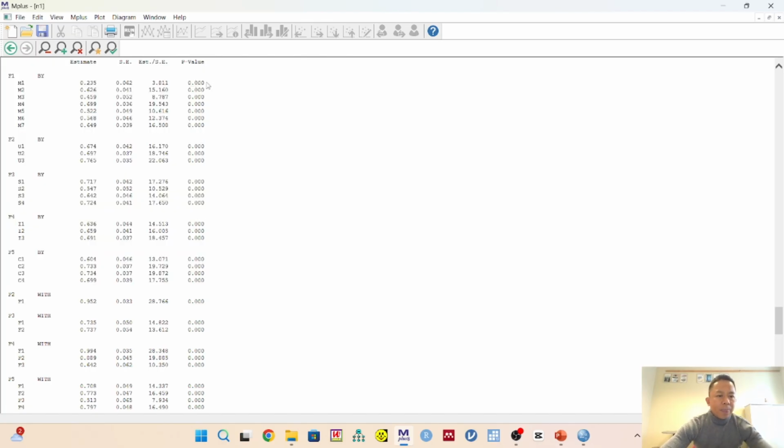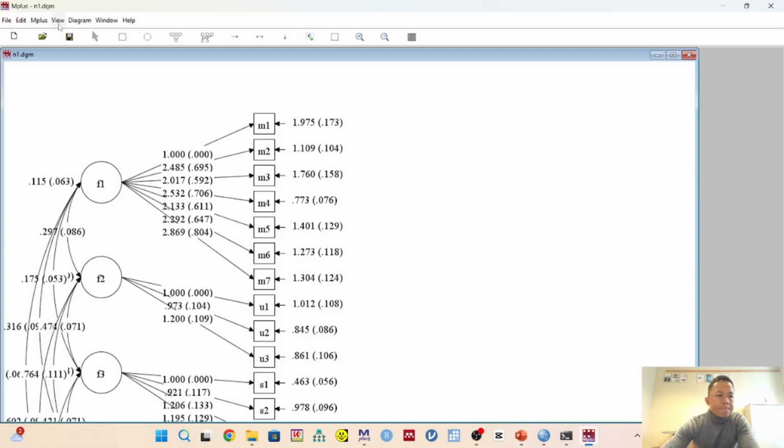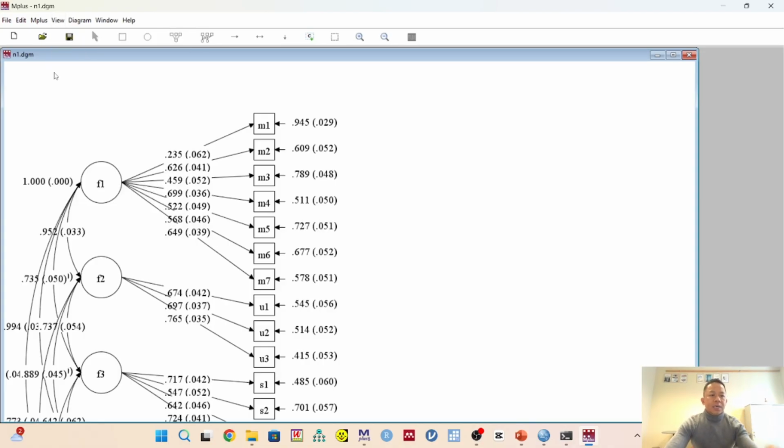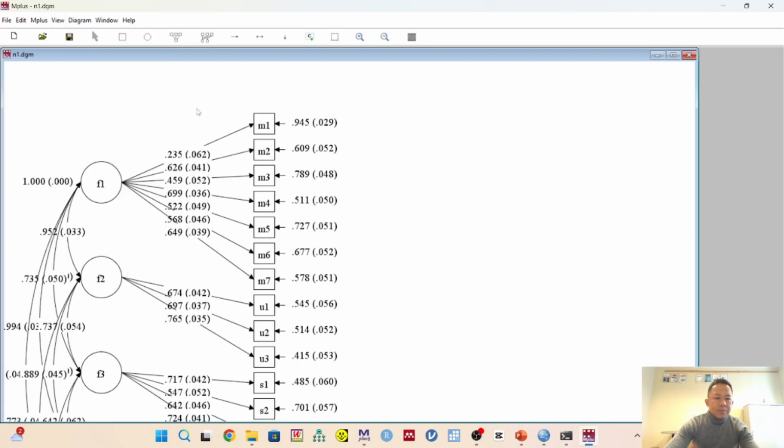Can you see it? This one, M1, has a low loading, but the others are 0.6, 0.4, 0.6, 0.7. The others are fine, but we can check it by diagrams here. Let me show only significant, but all are significant.